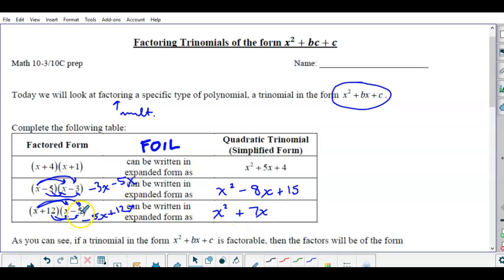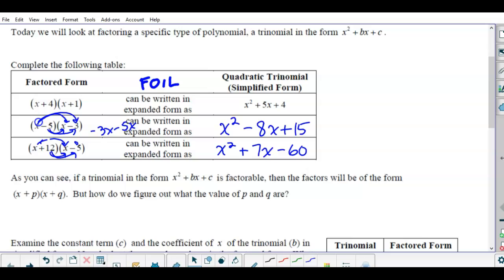And then negative 60. All right. Your outside and inside, if these are all in x's and numbers, the outside and inside add together. They're like terms.